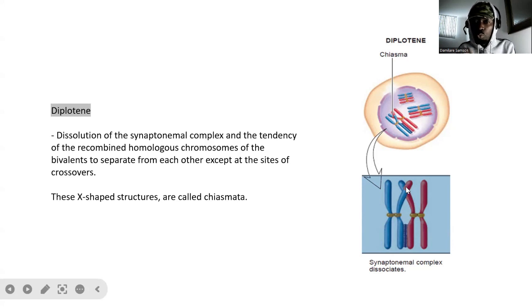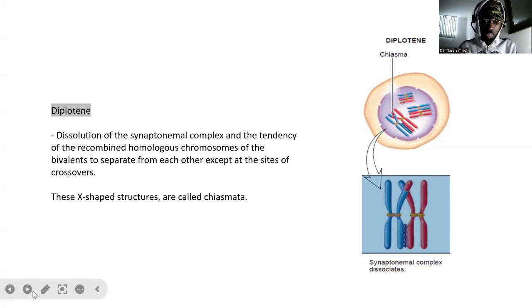Because we are trying to exchange genetic material, so that new offspring with different characteristics will be produced. So that the firstborn will not look like the secondborn, will not look like the thirdborn. The S-shaped structures are called chiasmata. This place where the crossing over occurs is called what? Chiasmata. Thank you very much.